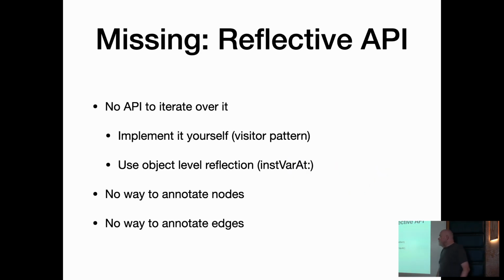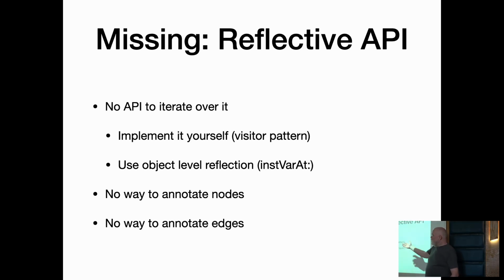Another thing that is interesting is that the object graph at runtime is actually something that we do not think about at all. So in Smalltalk, the object graph is not an object in the end. So you never use the object graph as a graph for anything.